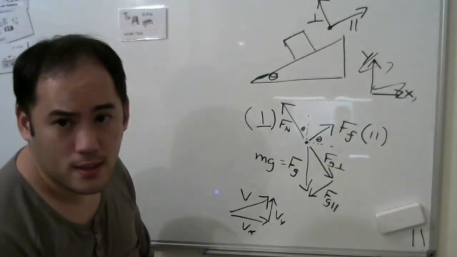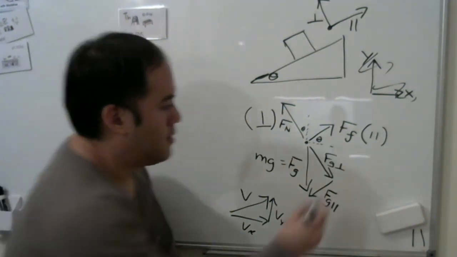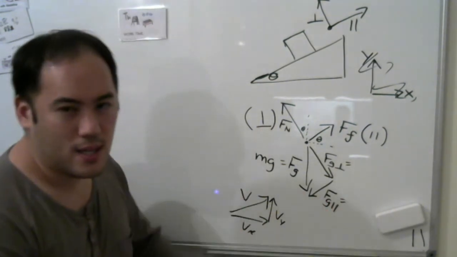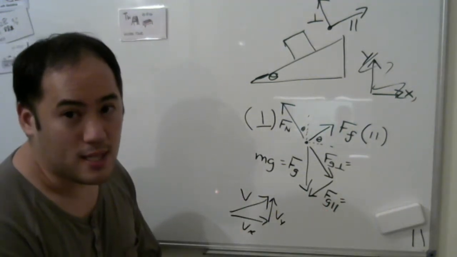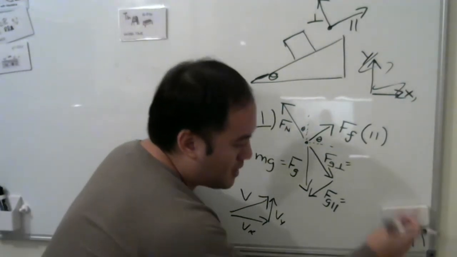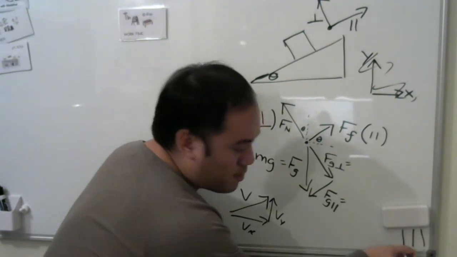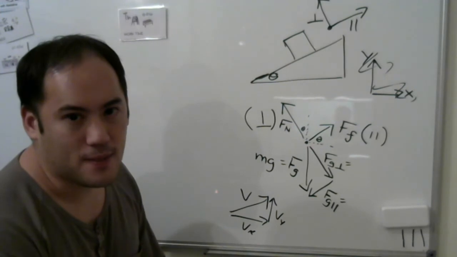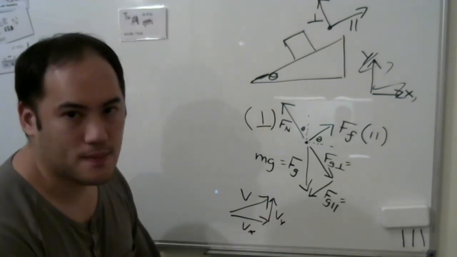You guys see those? All right. See if you can use the picture and your knowledge of geometry to tell me what's FG parallel, what's FG perpendicular. What are the formulas? Formulae is technically the plural of formulas. Tell me the formulas.